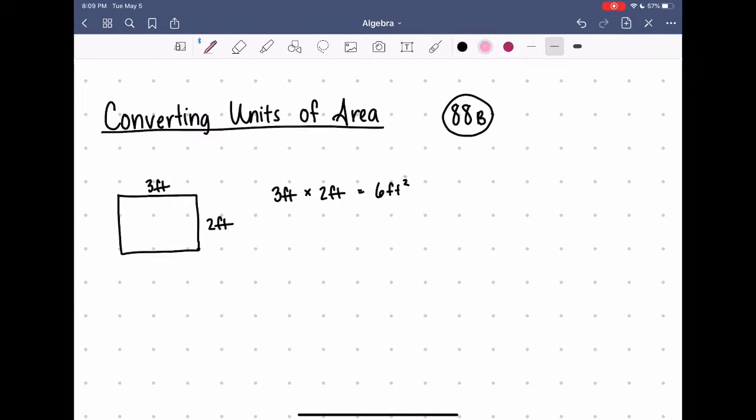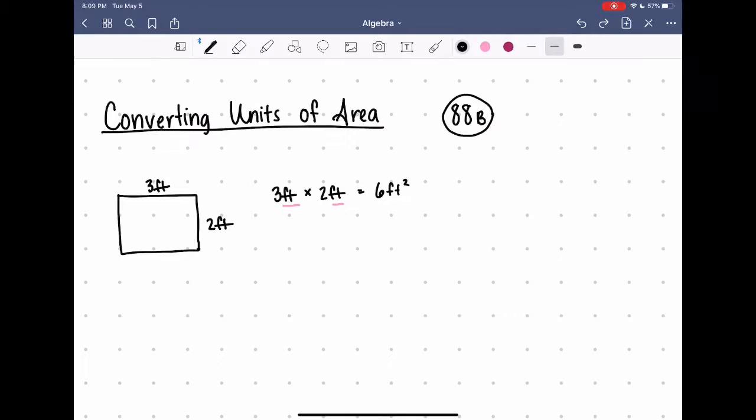And that squared is really key here. Because if you look here, I'm multiplying 1 unit of feet times another unit of feet, which means now I have a unit squared. I have 2 of that unit. And this makes sense. Because this rectangle does not measure out to be 6 feet. That doesn't make any sense because this rectangle has 2 dimensions to it.